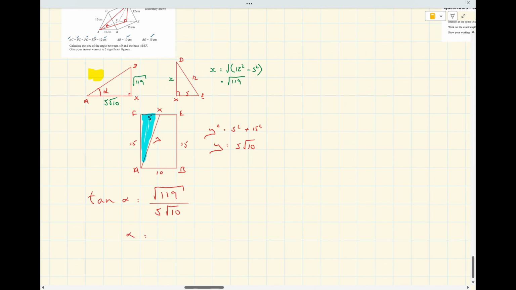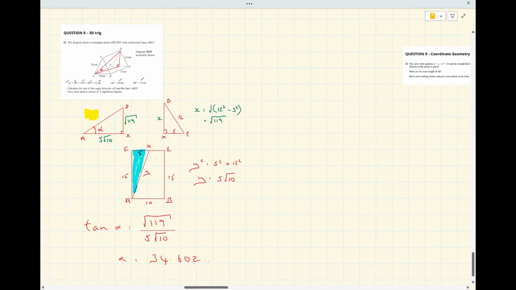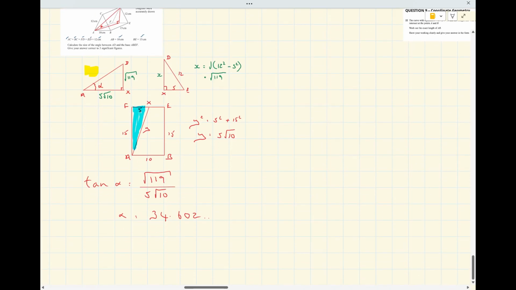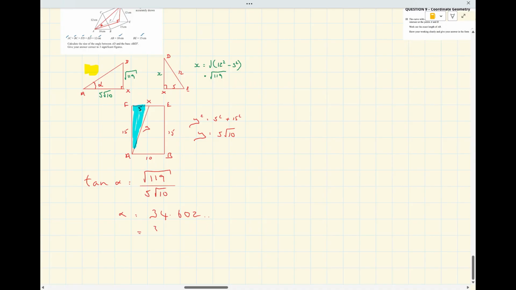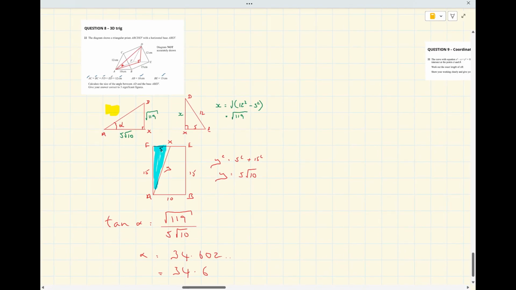That's 34.602 and so on. The question asked to calculate the size of the angle between AD and the base, correct to 3 significant figures: 34.6 degrees. And that is that question sorted on 3D trig and 3D Pythagoras.